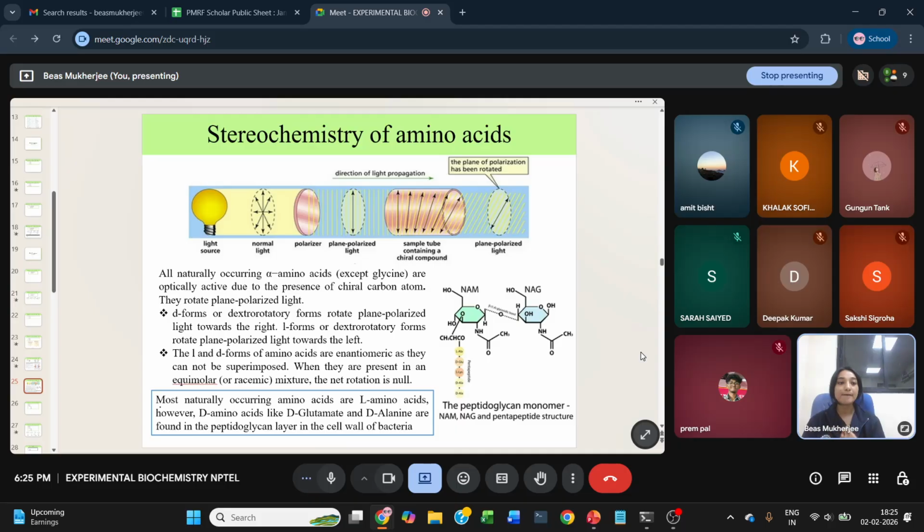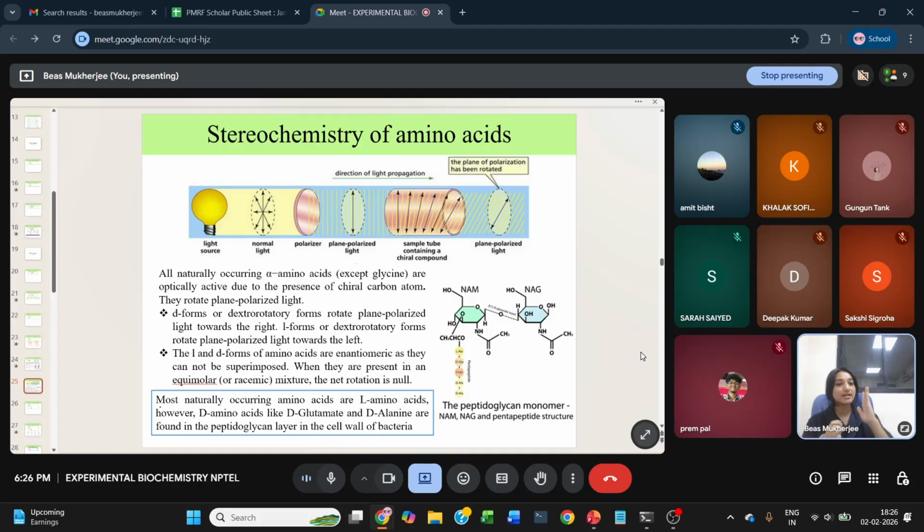So what is this? Basically, light is made up of vectors vibrating along different planes. It's an electromagnetic radiation, and the vectors are vibrating along different planes. Now what happens when light passes through a polarizer?